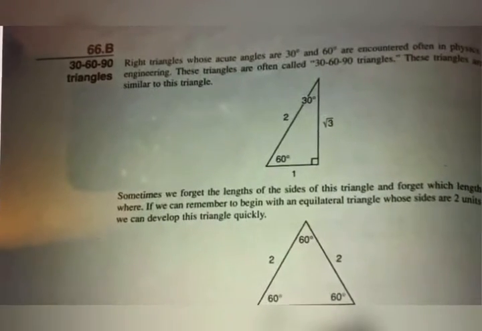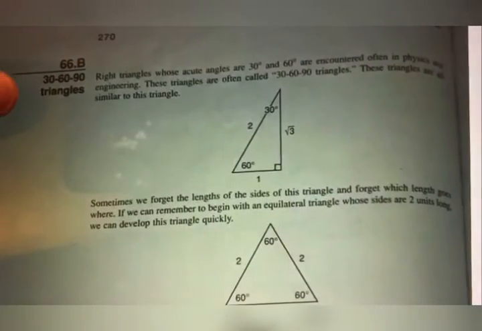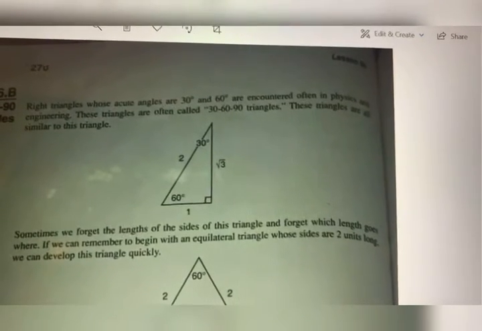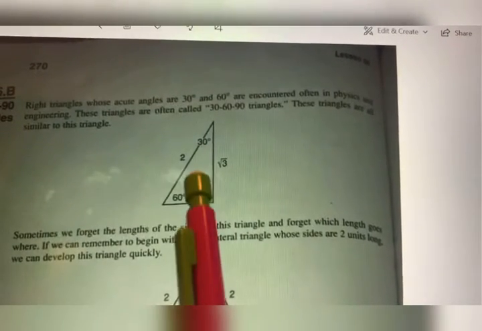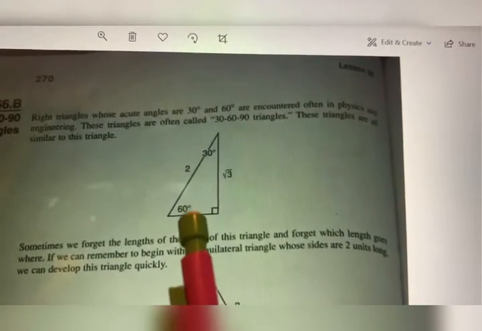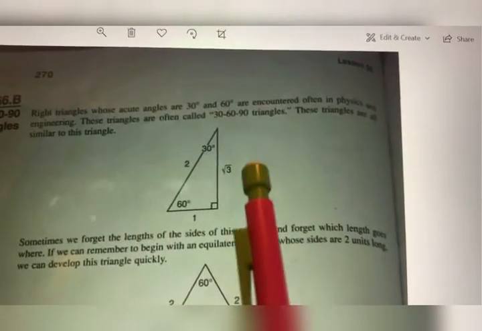A 30, 60, 90 triangle. So when you see a 30, 60, 90 triangle, you are going to memorize that little triangle right there. I'm going to write it on my paper because I'm going to show it to you here. This is a 2 always on this side, this is a square root 3 always on that side, and a 1. So start 1, 2, square root 3.